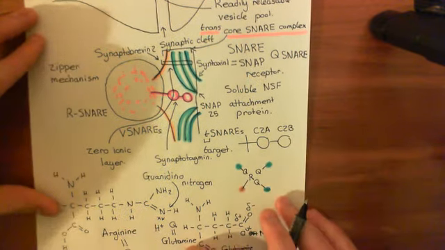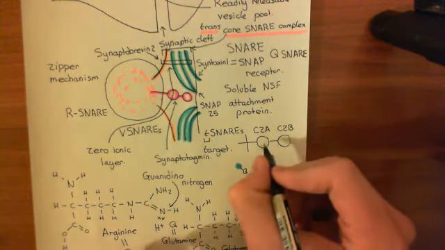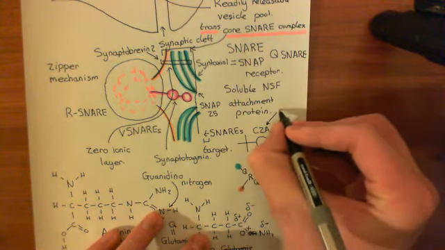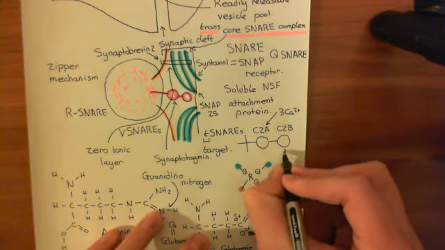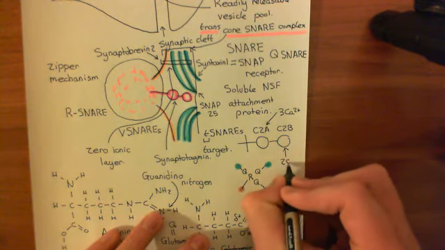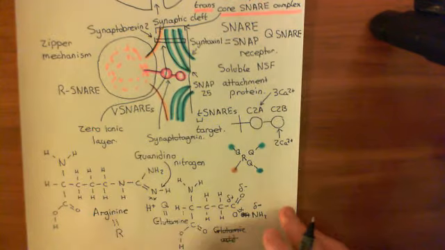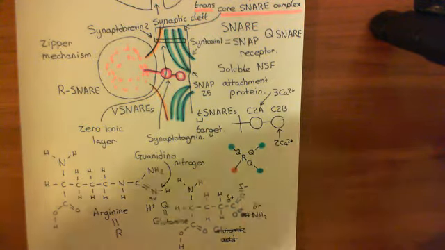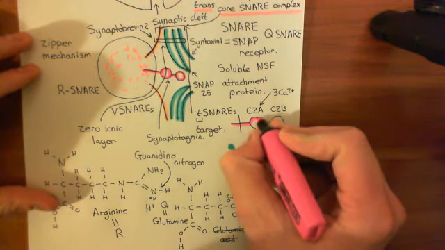And both these domains bind calcium, basically. So the C2A domain binds free calcium ions, and the C2B domain binds two calcium ions. Okay? And when these calcium ions bind to the C2A and C2B domains, it does not cause a change in conformation in the C2A or C2B domains.